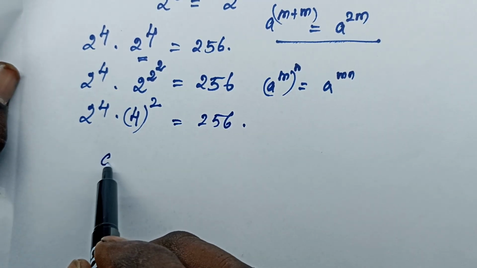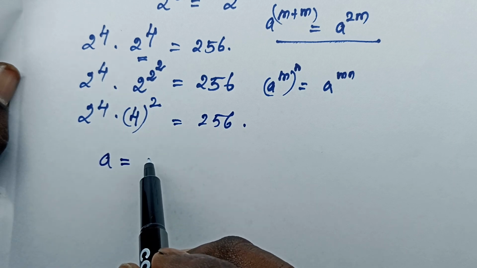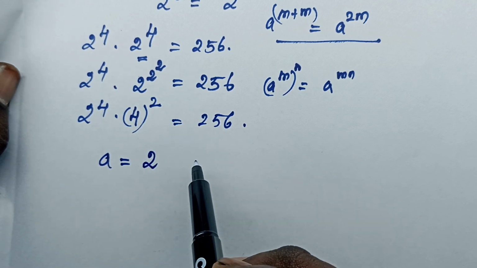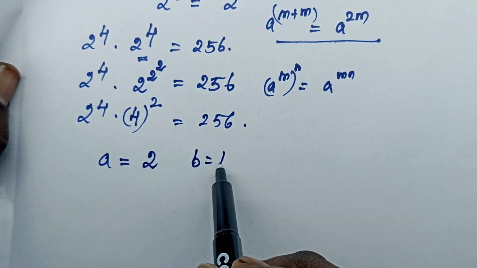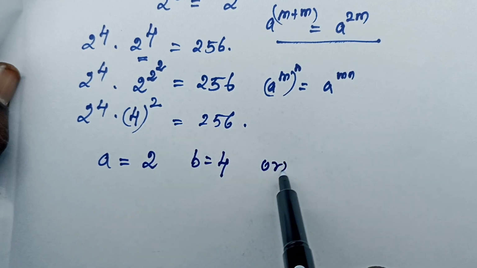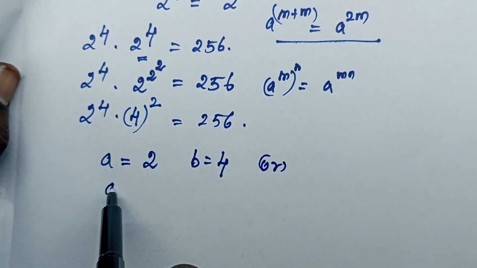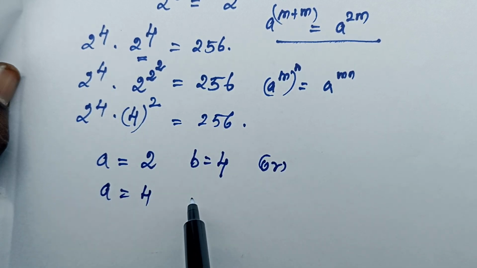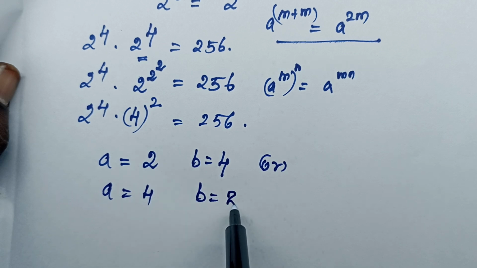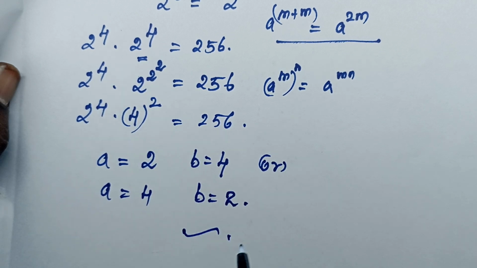So A equal to 2 and B equal to 4, or A equal to 4, B equal to 2. That is the answer.